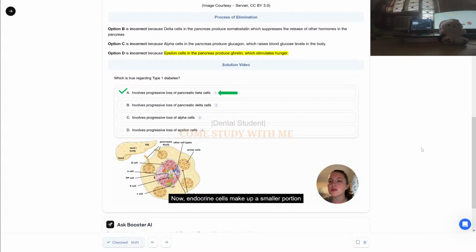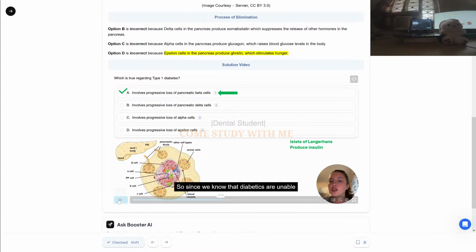Now, endocrine cells make up a smaller portion of the pancreas, but these are the cells that play a role in regulating those blood sugar and metabolism levels. These cells specifically are located in clusters known as the islets of Langerhans. Beta cells specifically are the cells responsible for producing insulin.